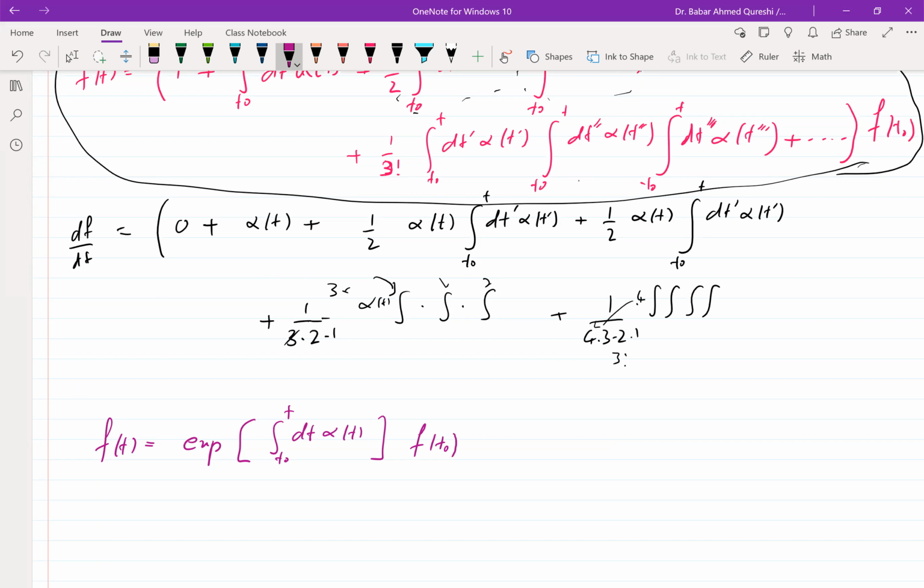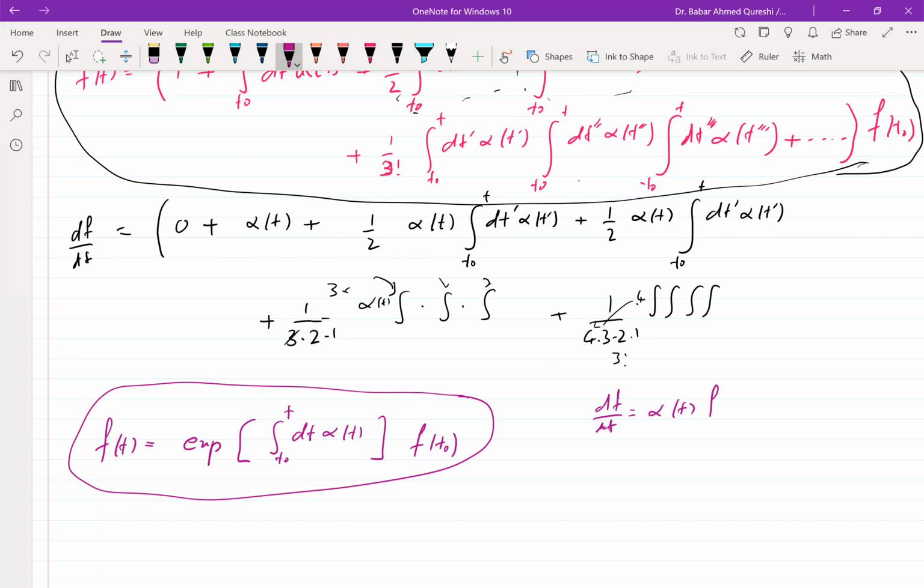If this alpha is constant, you can check that this gives you exactly your normal solution, because this alpha will come out and you will have a t, so you get an alpha of t. But this is a solution for any of this equation, where alpha depends on t.